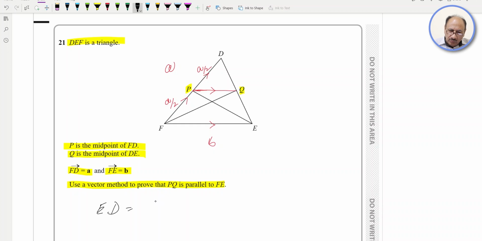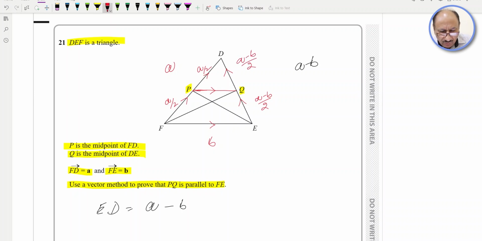ED, we can take this route minus B, and this will be A, so minus B plus A, or we can write A minus B. So this side is A minus B, this whole side the ED. So the ED direction we can mention over here by arrow. So half of ED will be EQ, so we can write A minus B by 2, and this will also be A minus B by 2.